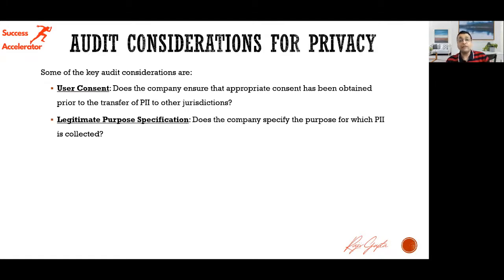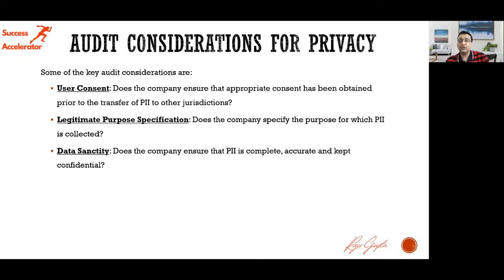Okay, so have we taken the consent of the users? Next is, as an auditor, you will see whether the company has clearly provided the purpose to the user, the purpose for which we are collecting PII. Yeah, and it has to be clearly communicated to the users.